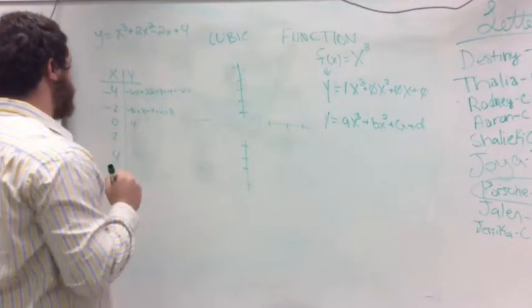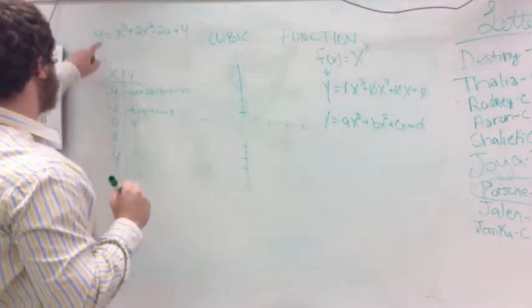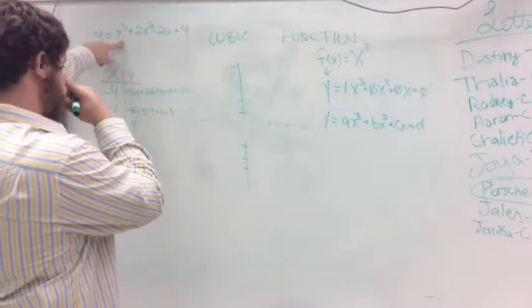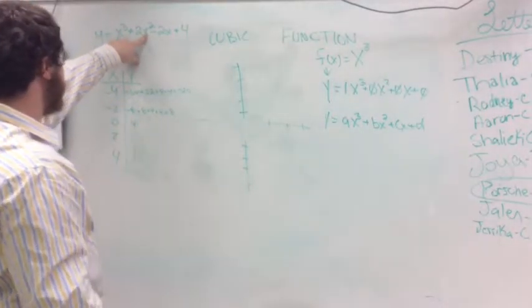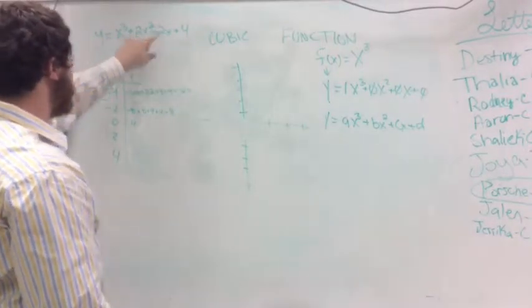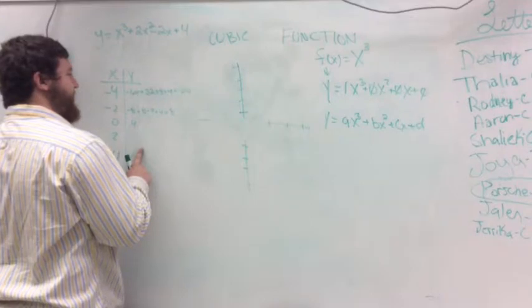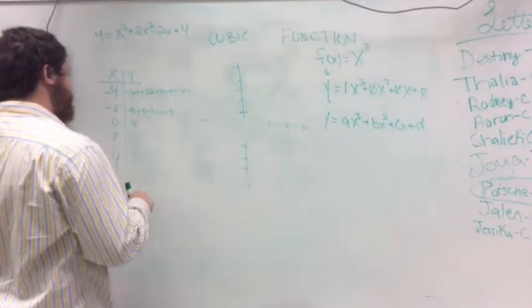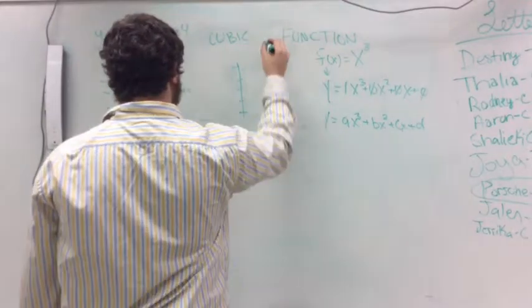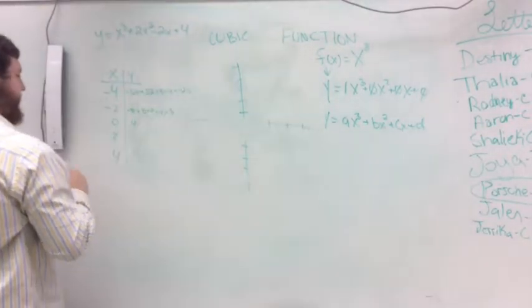Wait a minute, I did something wrong. Negative 2 times 2 is 4 times 2 is 8, so negative 8. Okay. Negative 2 squared is 4 times 2 is 8. Minus, well, we'll just keep on. Okay, that's right.